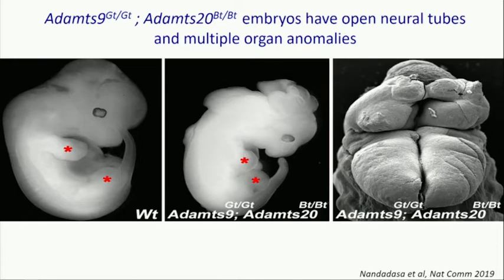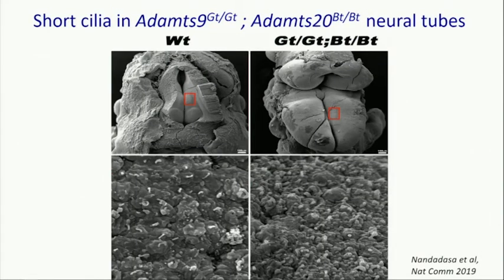So a few years ago, we found that the mice with combined deficiency of ADAMTS 9 and 20 had a very complex morphogenetic defect with defects of the neural tube, limb development, axial asymmetry, and cardiac involvement. And it turned out that these secreted matrix-degrading proteases actually had a role in development of a primary cilium.